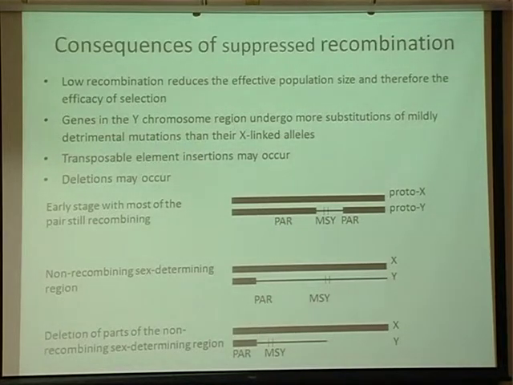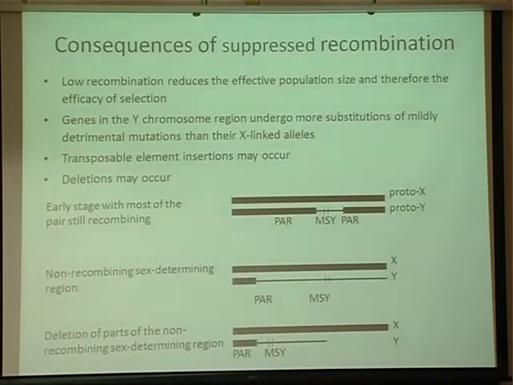That's the idea. So we expect the Y chromosome genes to undergo more deleterious substitutions. We expect insertions of transposable elements to be able to go to fixation on the Y chromosome when they would not otherwise, and ultimately, once genes have lost function, or maybe their function is not as good as the X copy, you could do without them entirely, and deletions can occur on the Y, so the Y could end up very small.